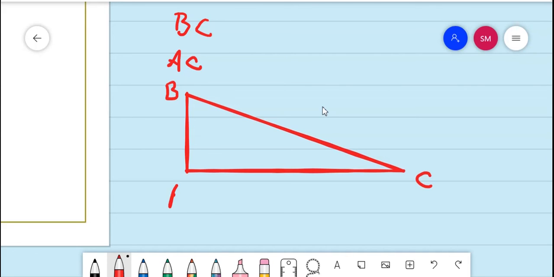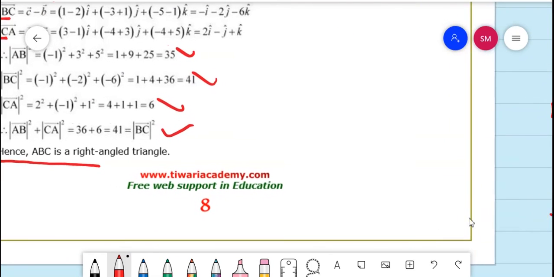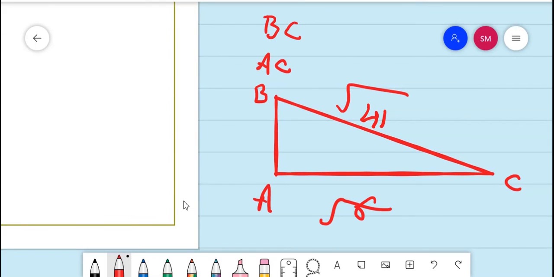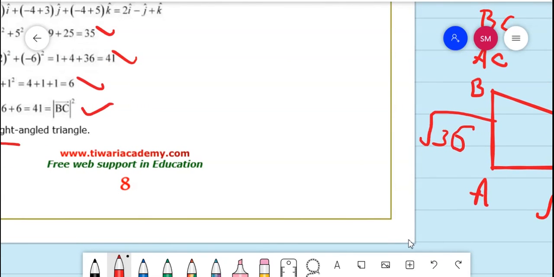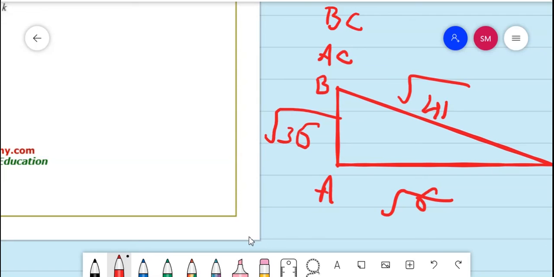So BC is the hypotenuse and this is your A. This is root 41, this is root 6, and finally this is root 35. The addition, 6 plus 35, is 41.